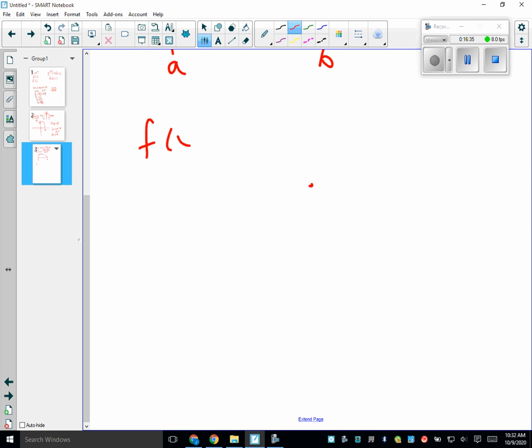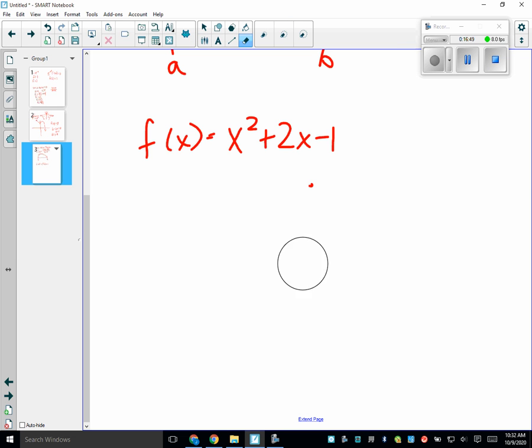If f of x equals x squared plus 2x minus 1, from 0 to 1.